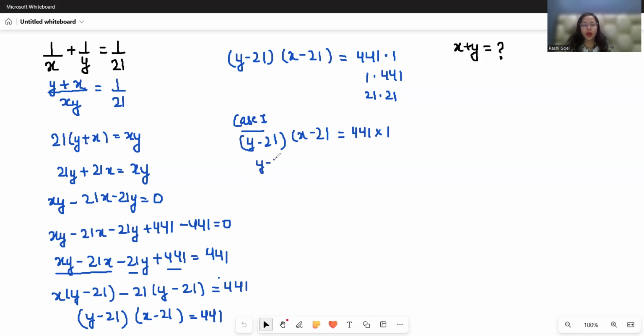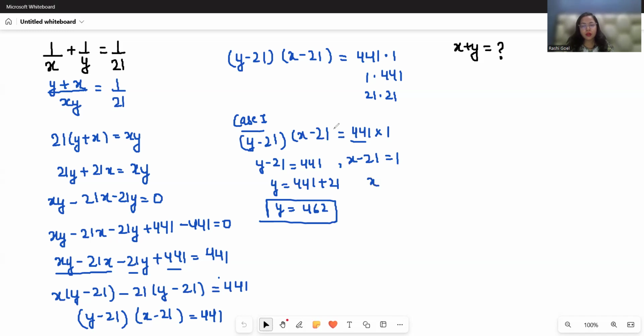So in this case, y - 21, the first bracket, equals 441, y = 441 + 21, so y = 462. Now in this case, x - 21 = 1, x = 1 + 21, so x is 22.